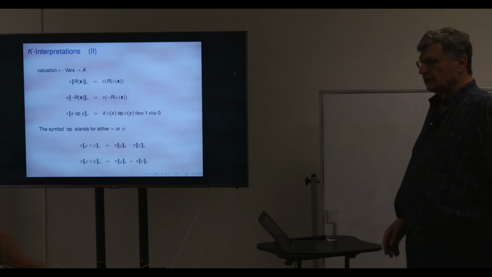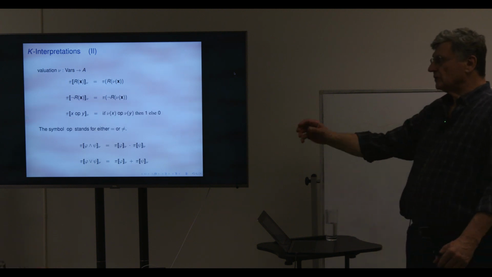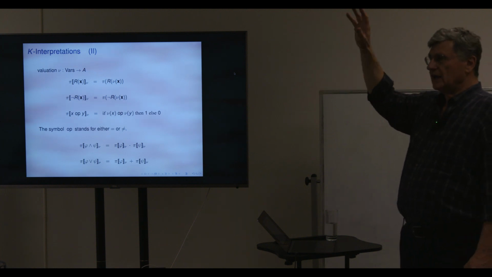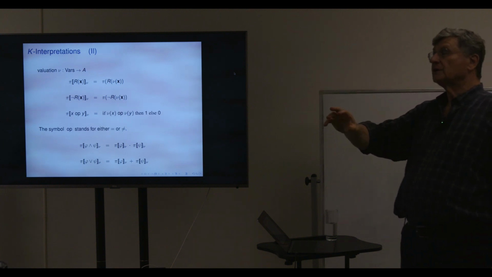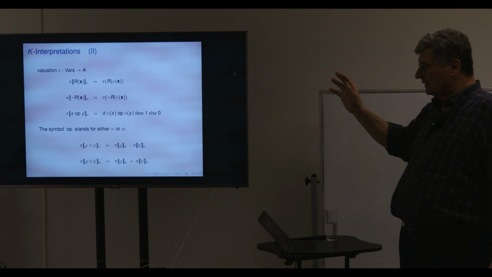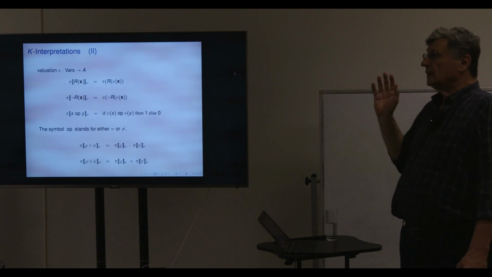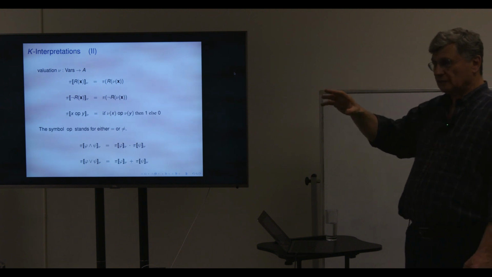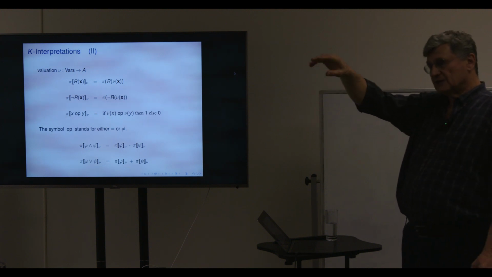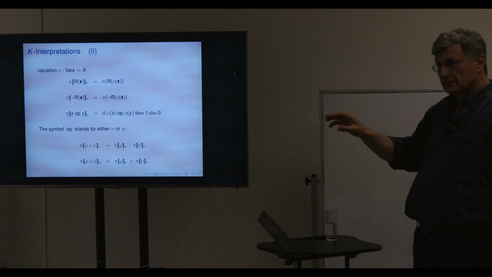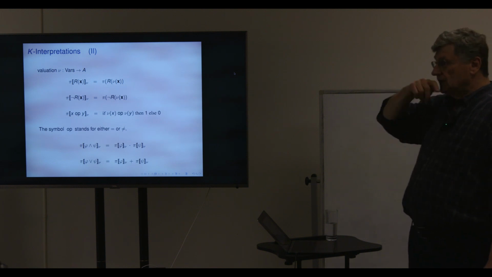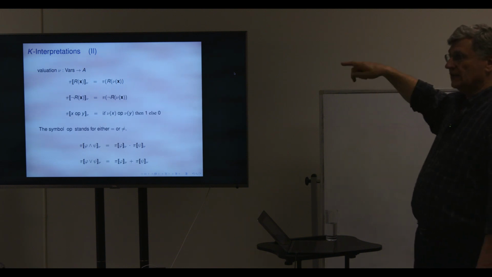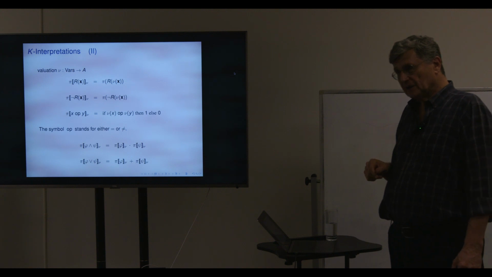So the answer is yes. The interpretation labels every fact with an element of K. From the perspective of databases, the positive facts, the ones that are in the database, are indeed the rows of the table, and you can think of each one of them as annotated by an element from the semiring.